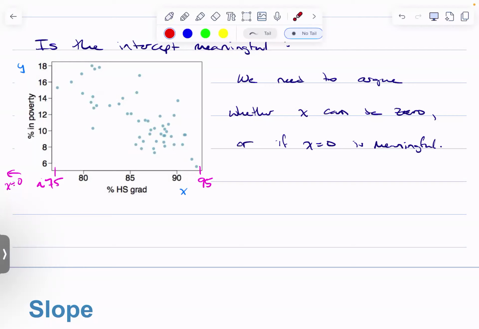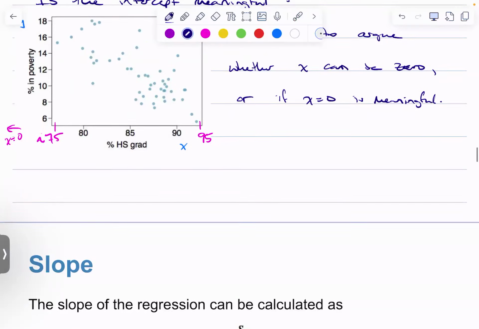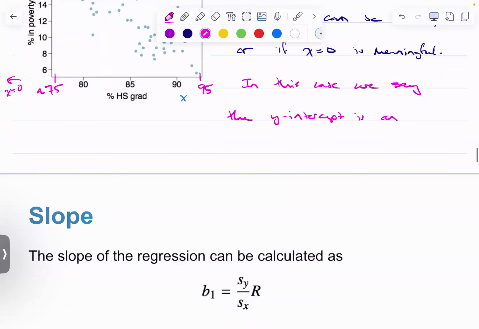And so we say, in this case, we say the intercept, the y-intercept, is an extrapolation.